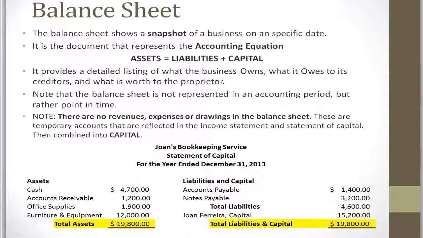Keep in mind that in this report, you're not seeing any revenues, expenses, or drawings, because these items are considered temporary accounts and they're reflected only on the statement of capital.